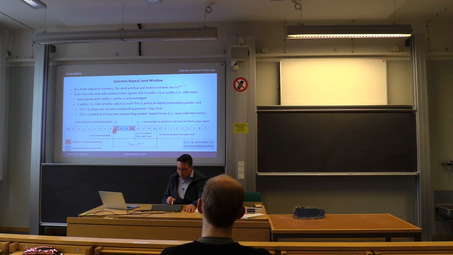So if the acknowledgement is such that we're somewhere in this window, then we process that. Okay? So we mark the packet with the sequence number equal to the ACK number as acknowledged.